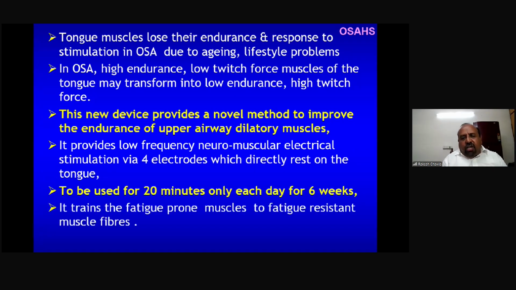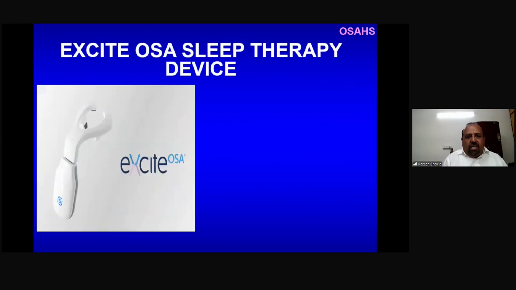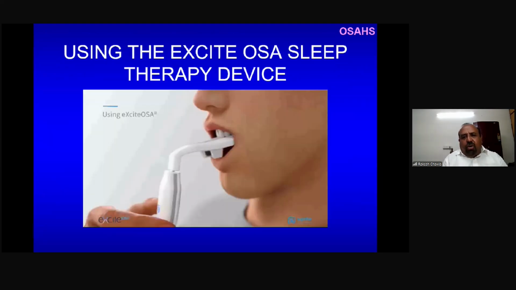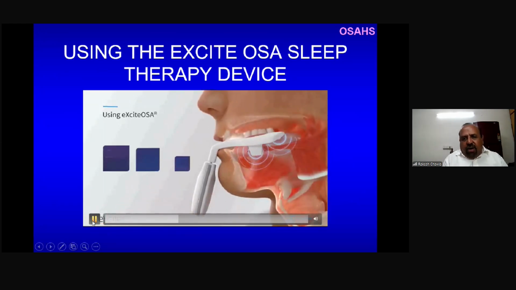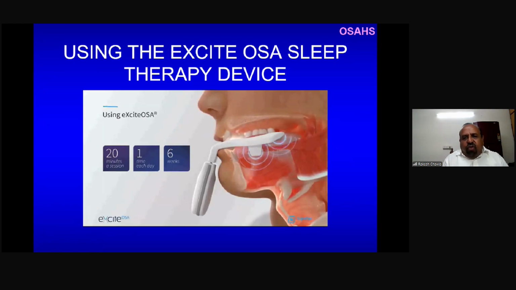It has to be used 20 minutes only each day for 6 weeks, and the claim is that endurance of the tongue muscles, which falls back during the sleep, is gained by this. This is how the machine looks like, and this is how it works. If you see it beautifully, 20 minutes you have to use it before sleep for continuously 6 weeks, and the claim is fantastic.